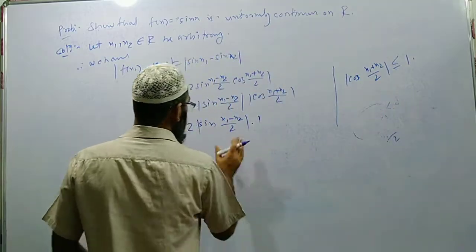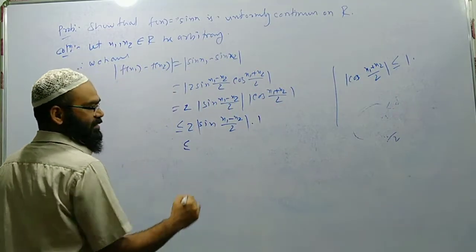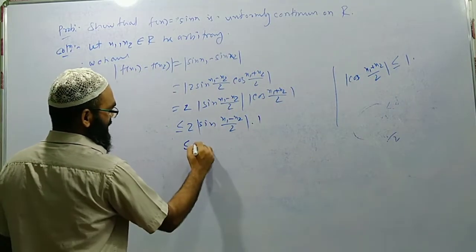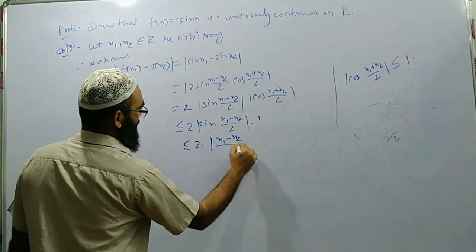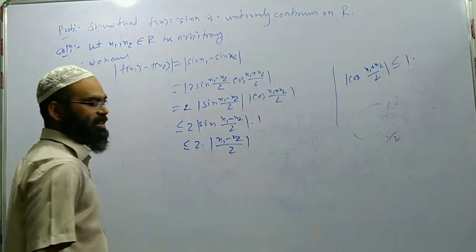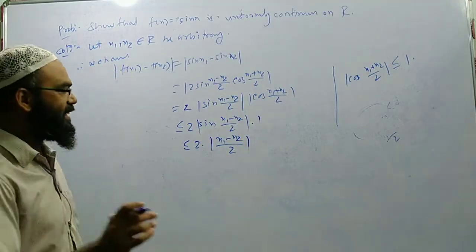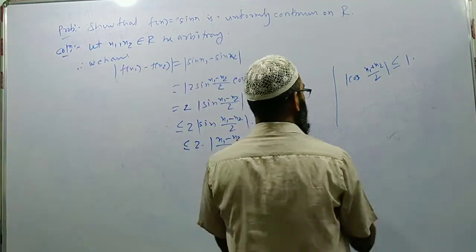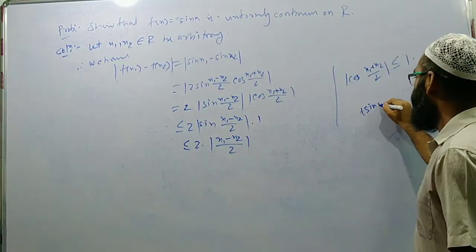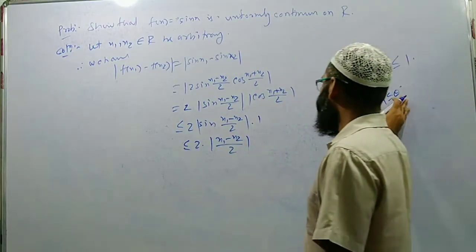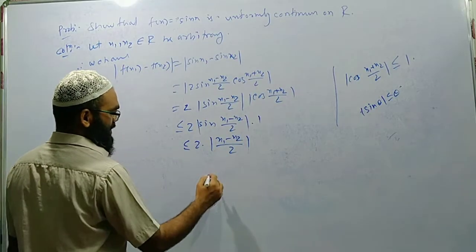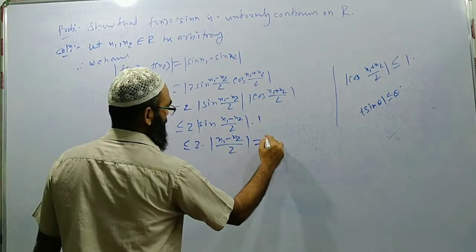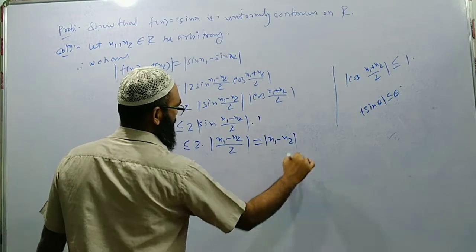Now modulus of this is less than or equal to 2 into mod of x1 minus x2 by 2, since for small theta, mod of sin theta is less than or equal to theta. Applying this identity and cancelling 2, this equals mod of x1 minus x2.